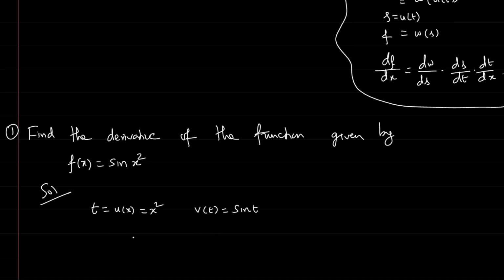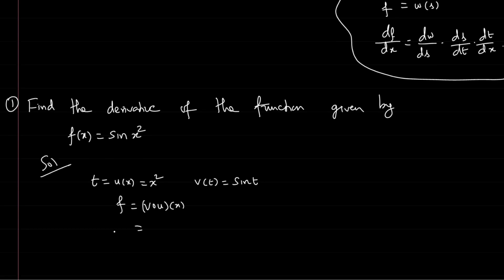Now by the definition, we have that for the composition function f is equal to v composite u of x, we can write this as df by dx is, according to chain rule, dv by dt into dt by dx.